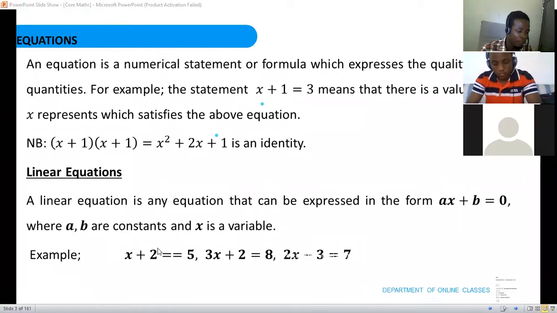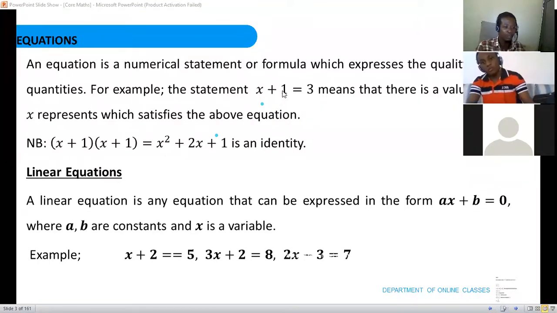x + 2 is binomial. Two terms joined with plus or minus sign is a binomial, and we did that in algebraic expressions. You see the 5 here is alone. That is what we call monomial, one term. One term is a monomial. If I have x + 1, it is binomial, two terms.